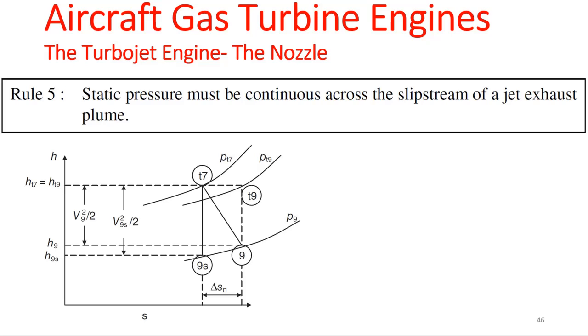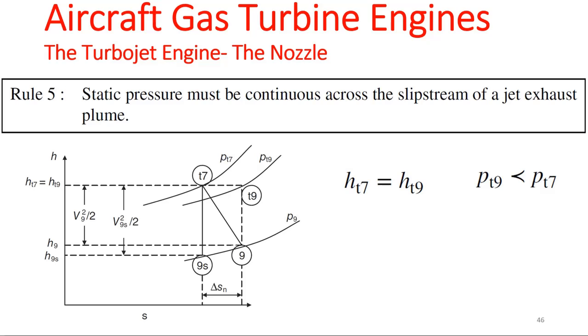Then the other question I have for you is that it's an adiabatic process. It is written there. So HT7, the total enthalpy at station 7, doesn't really change. At the exhaust, it's going to be equal to the exhaust total enthalpy.